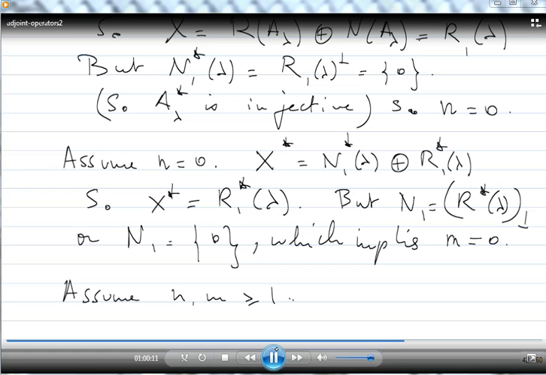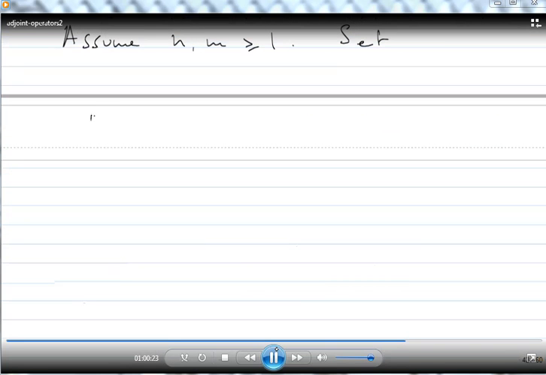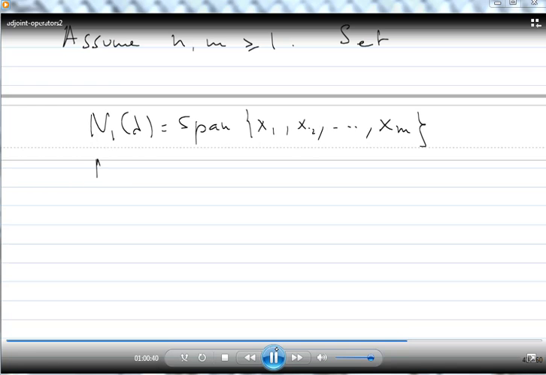So here, set N1 of lambda equal to the span of x1, x2, up to xm, because m was its dimension, and N1 star of lambda equal to the span of x1 star, x2 star, all the way to xn star.